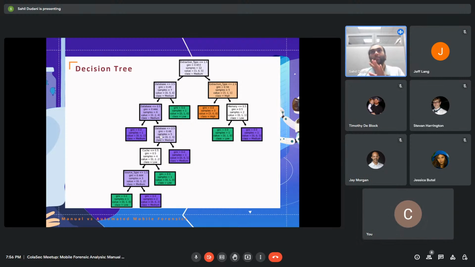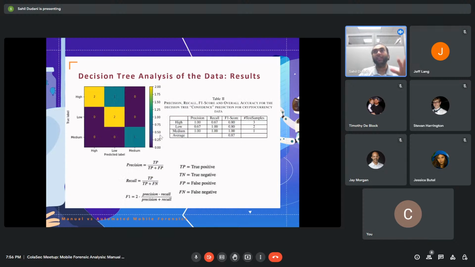So, based on this decision tree and our sample data, which is just self-created sample data, not extracted from a device, we get these results for the algorithm. We are going to look at the F1 score because it is a better overall measure of accuracy, because it's the harmonic mean of precision and recall, and it shows the results better.